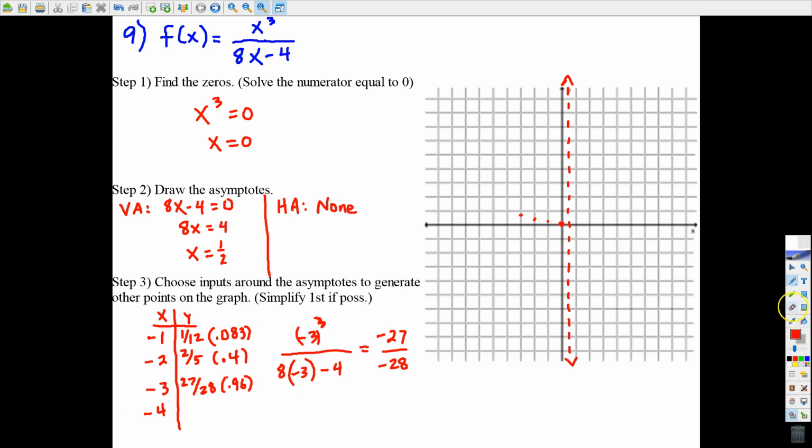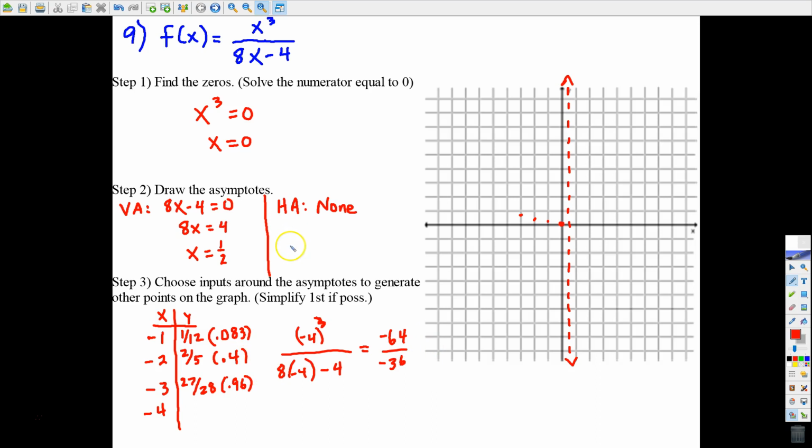Let's just, again, the number of inputs you use is going to vary from function to function. So -4, -4, -4 cubed is -64. And here we have -32 minus 4, which is -36.